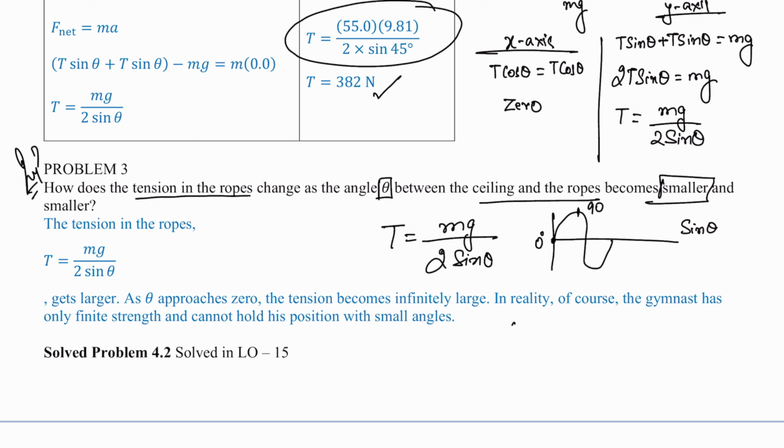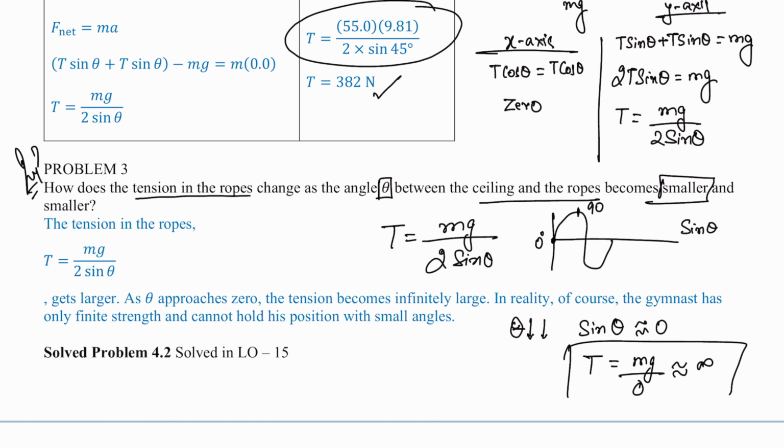If theta is getting less, then sine of theta is approximately 0. So T is mg divided by 0, which gives infinite. It means when theta reduces, tension increases.